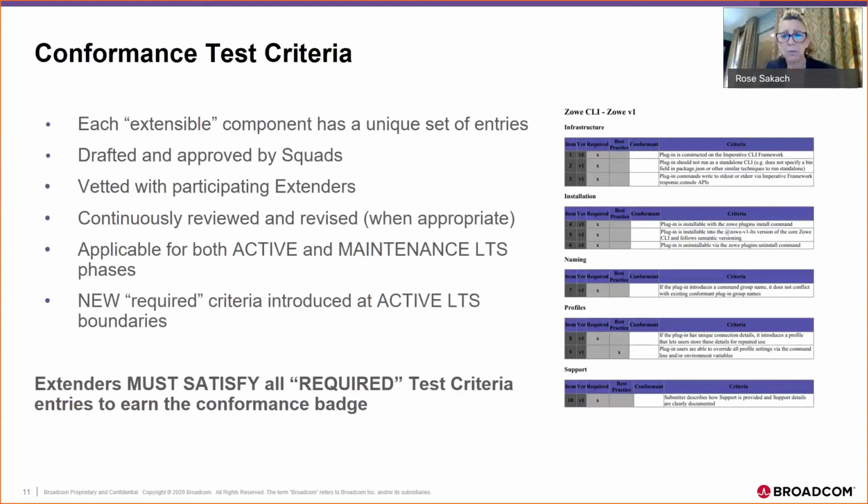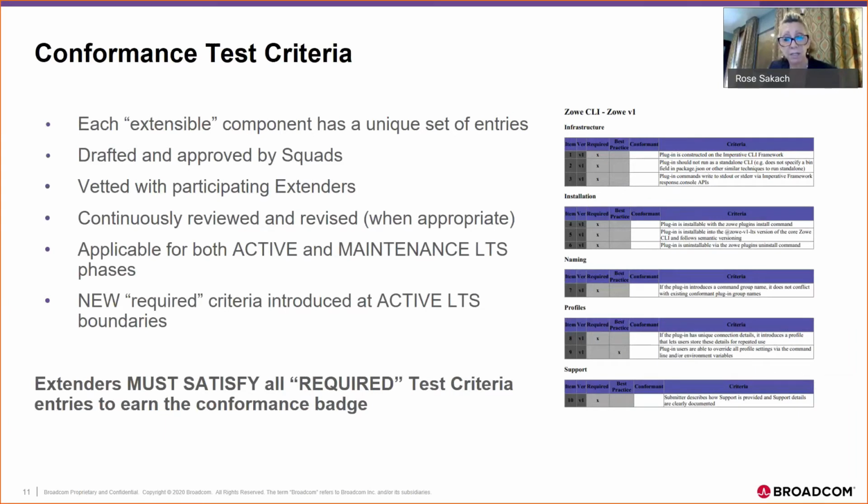How does the conformance program help to ensure all of the points we just reviewed for both providers and consumers? Well, when a Zowe extender applies for conformance, they need to ensure their extension meets all of the required test criteria entries for the particular component they are extending. Each component has its own set of criteria.